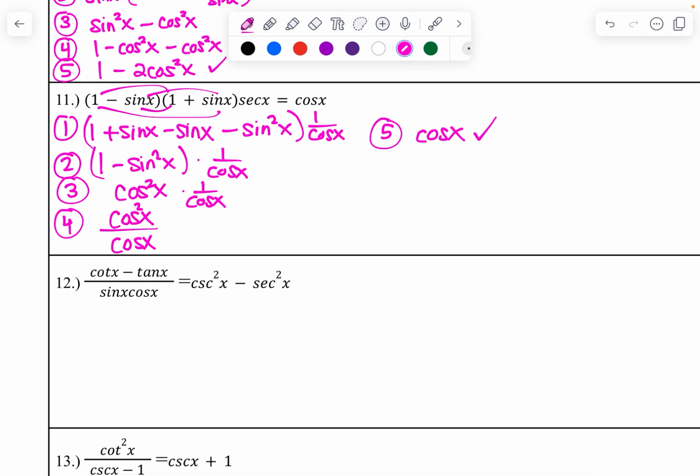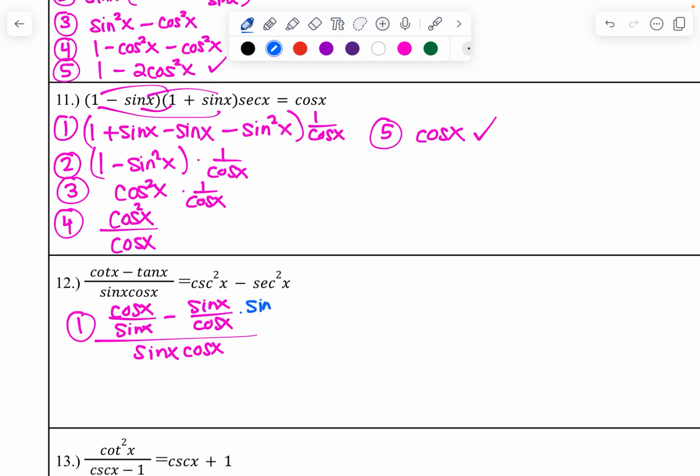All right, number 12. Again, let's write them in terms of sine and cosine. So cotangent is cosine of x over sine of x. Tangent is sine of x over cosine of x. Over that denominator, sine of x cosine of x. So I'm going to go ahead and get a common denominator on the top.